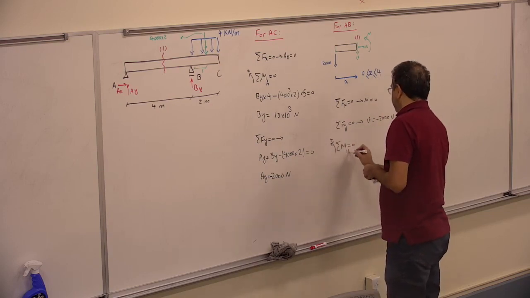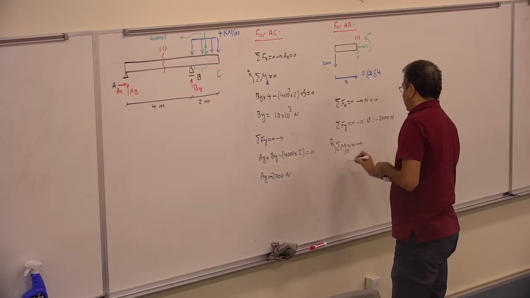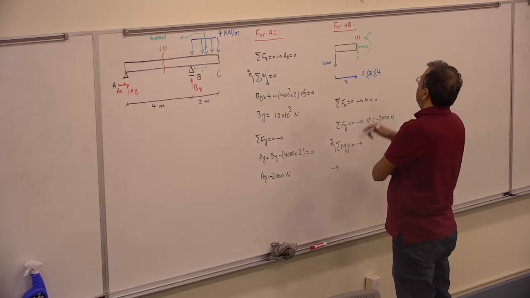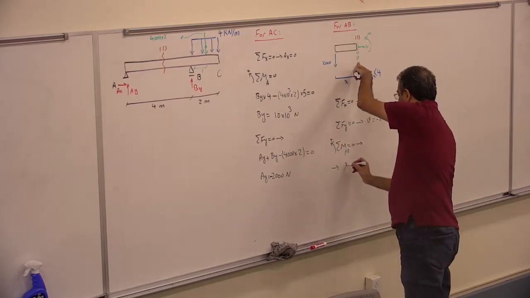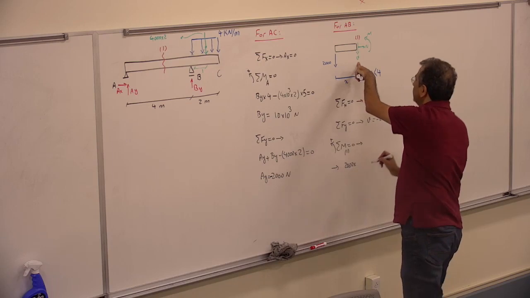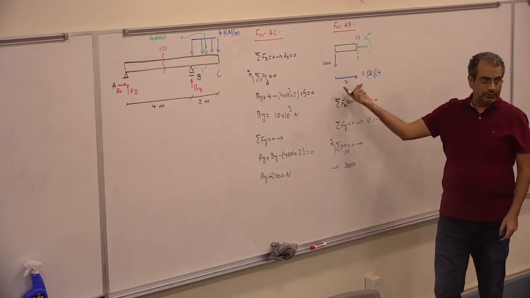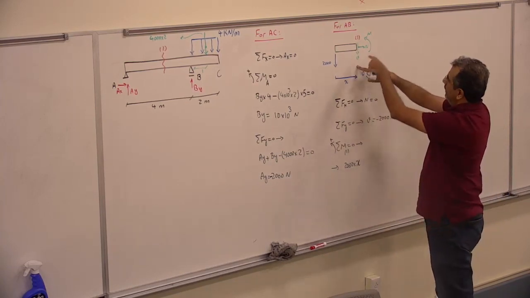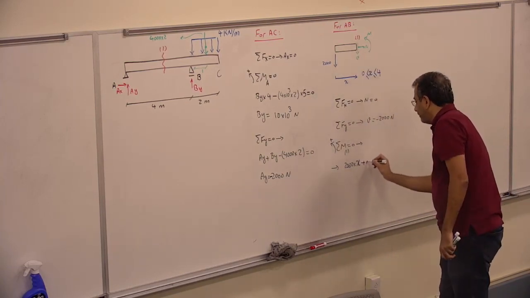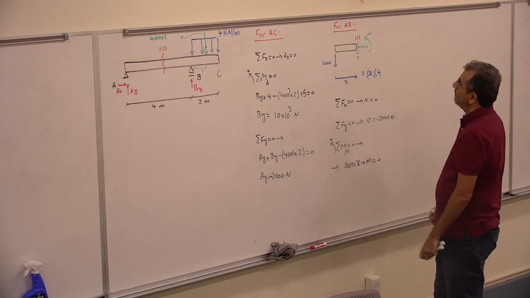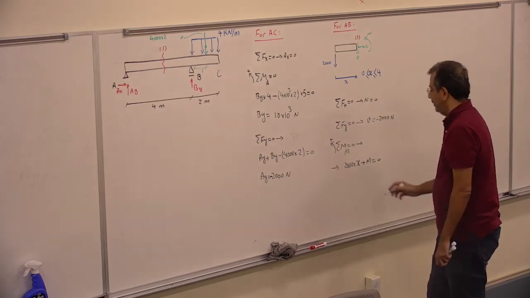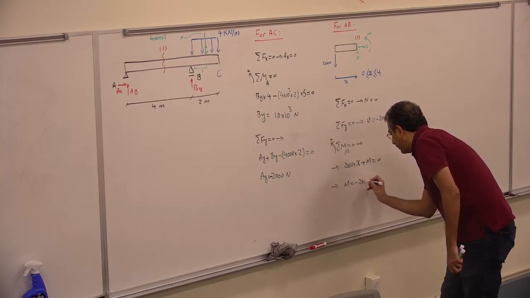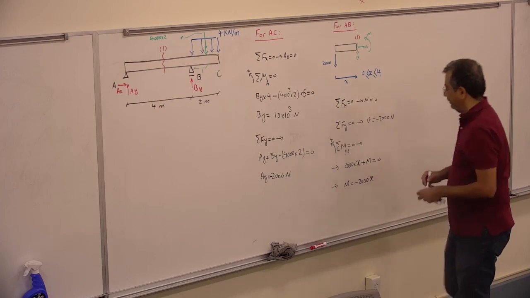that cross section 1, then it would be, I have the 2000 times the arm, which is going to be x, plus N. So M would be minus 2000 x.